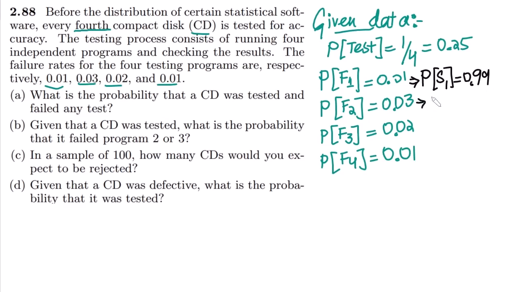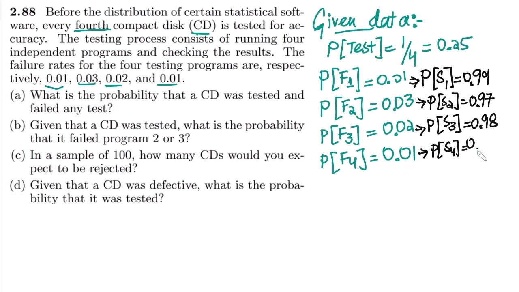Okay, similarly probability of success in test 2 is 0.97. Probability of success in test 3 is 1 minus 0.02, which is 0.98. And similarly probability of success in test 4 is 1 minus 0.01, which is 0.99. Okay, so these are the computed ones.